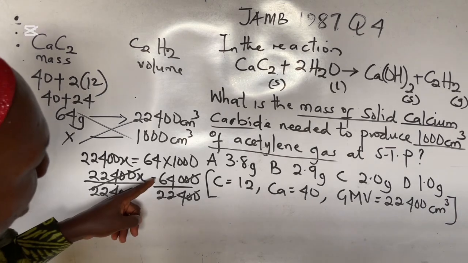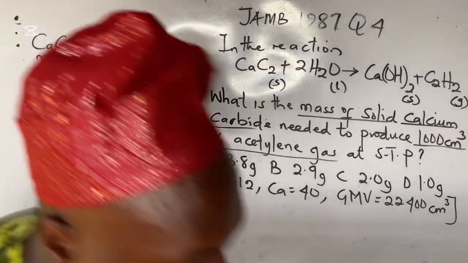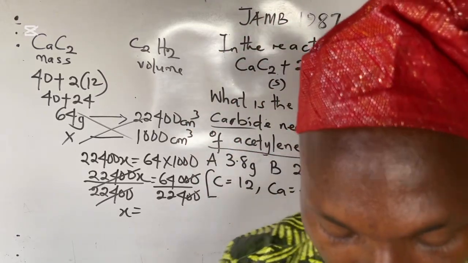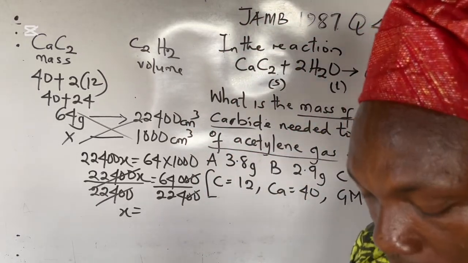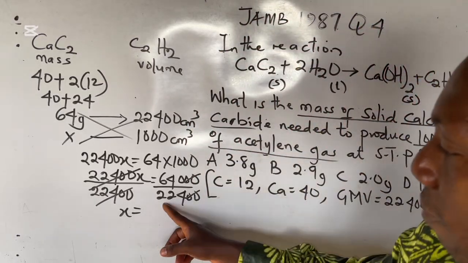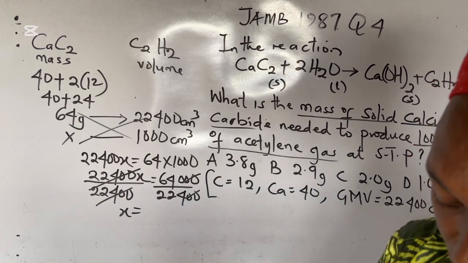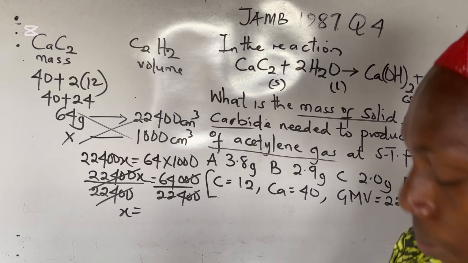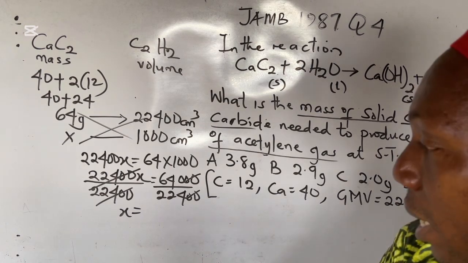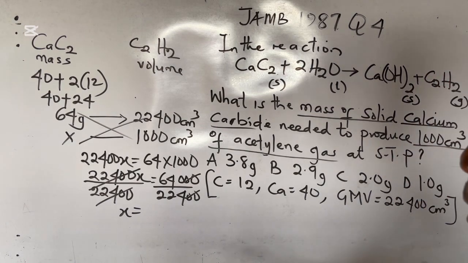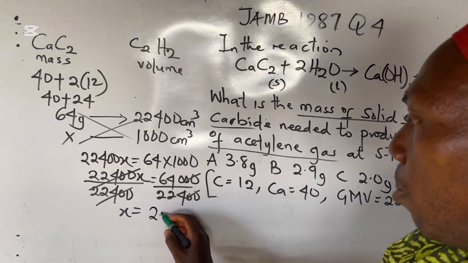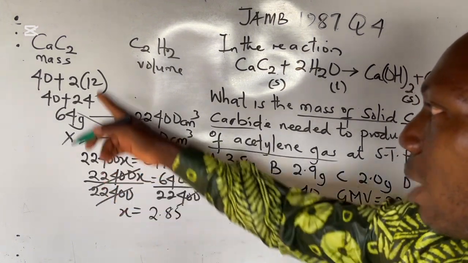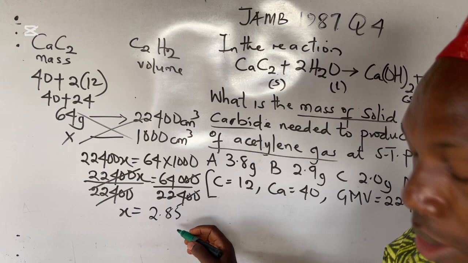We have 640 divided by 224. So we have 2.85. Since we are getting mass, it will be in grams.